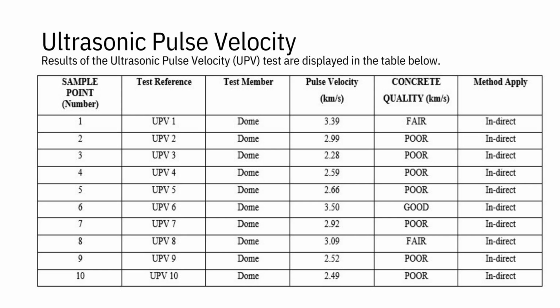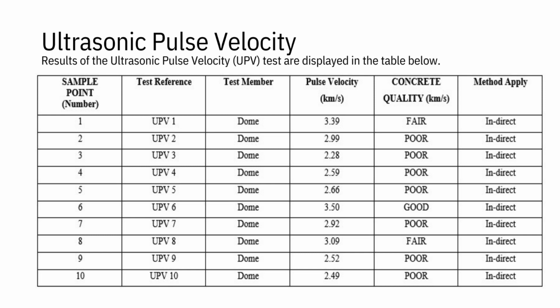So this is our result for UPV. Point one, UPV1, got a fair. Point two until point five we got a poor. Point six we got a good condition. Point seven we got a poor.